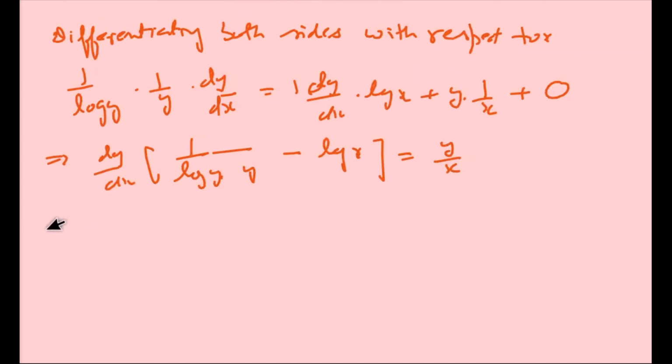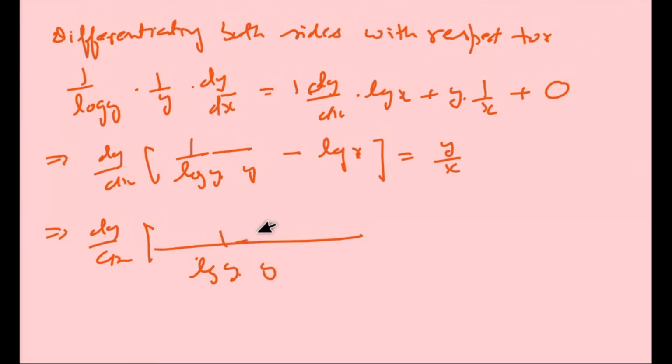Now you can see we have to take the LCM here. So the LCM is log y into y, 1 minus log x into y into log y, equal to y by x.